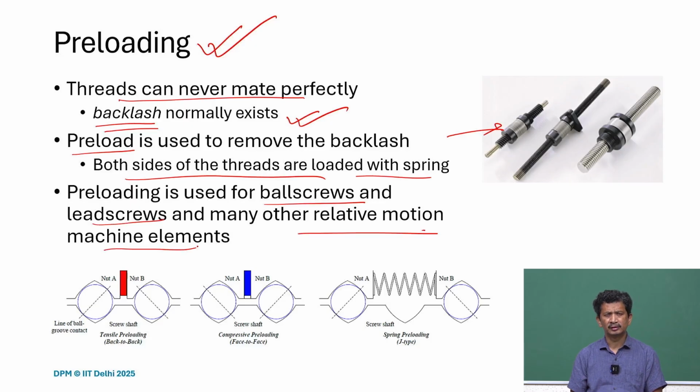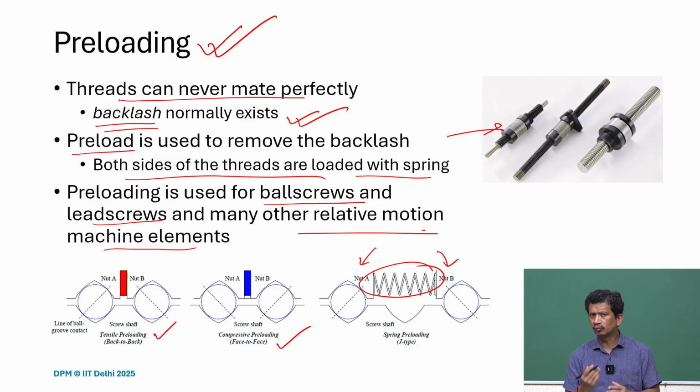There are some examples here. You can use tensile pretensioning, or we can use compressive preloading. You can have two sections, nut A and nut B, and in between you have a spring element, so you preload so that there is always some contact.